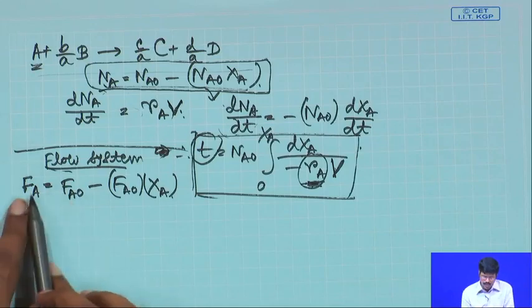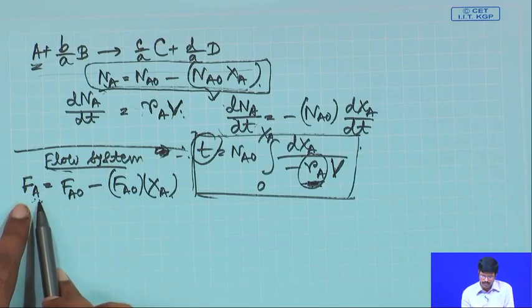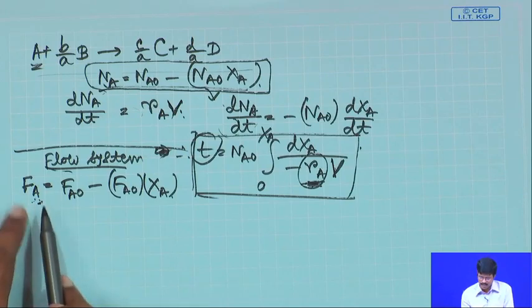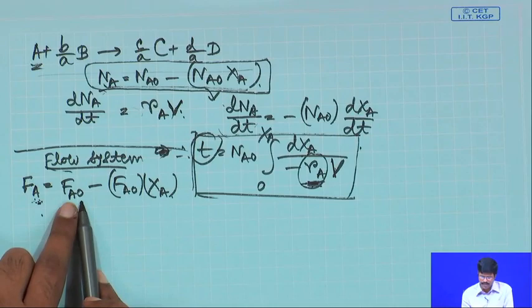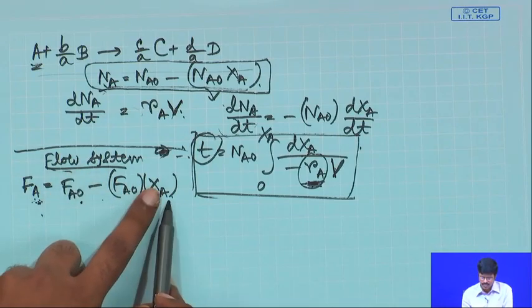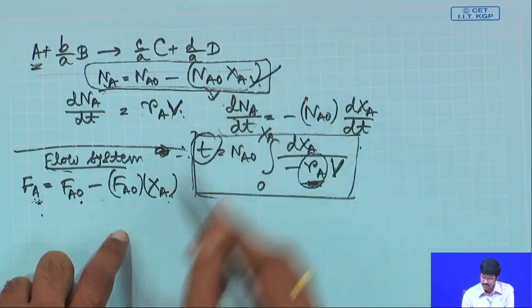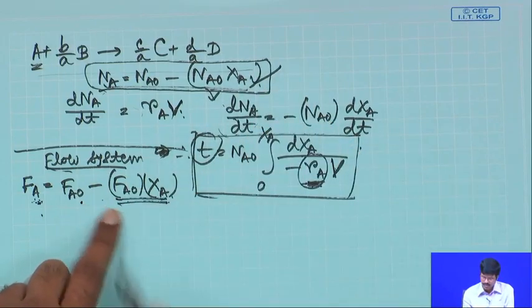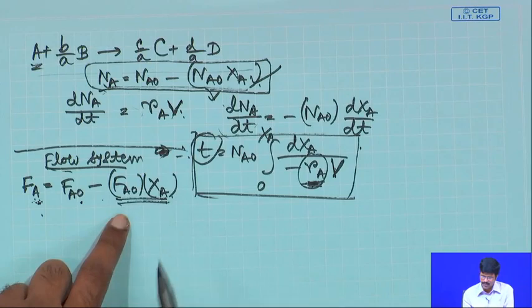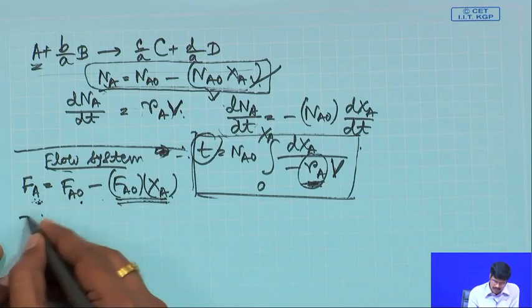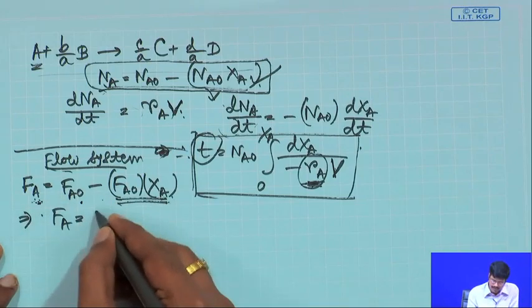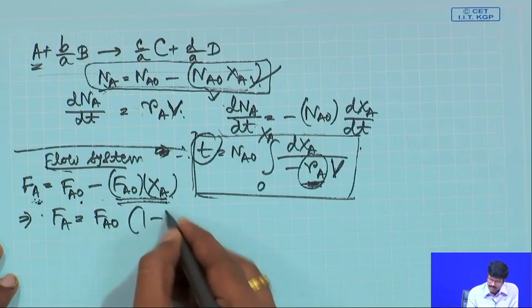This is the molar flow rate of A leaving the reactor, in moles per second. This is the molar flow rate of A fed into the reactor minus this into Xa, analogous to the batch case. So, this is basically the molar rate of consumption of A. So, Fa equals Fa0 into (1 minus Xa).